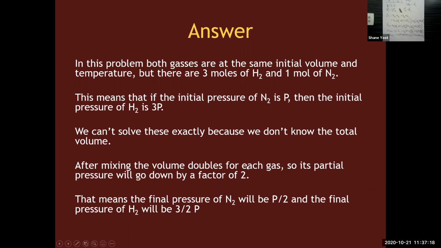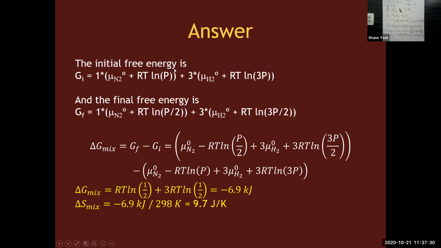Okay, so here I called the initial pressure of N2 P and the initial pressure of H2 P. Then I used P in everything, but I think I end up getting the same expression. Yeah, 1/2, 1/2. So the same thing. I just decided to plug in what these pressures are in terms of some value P.